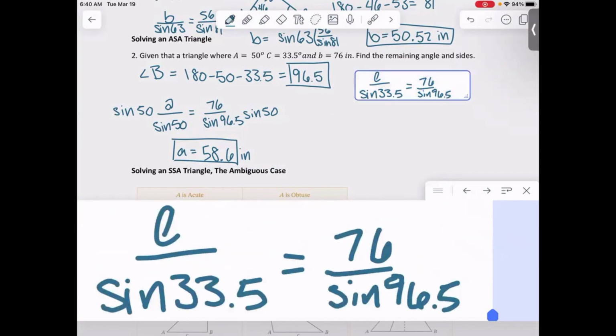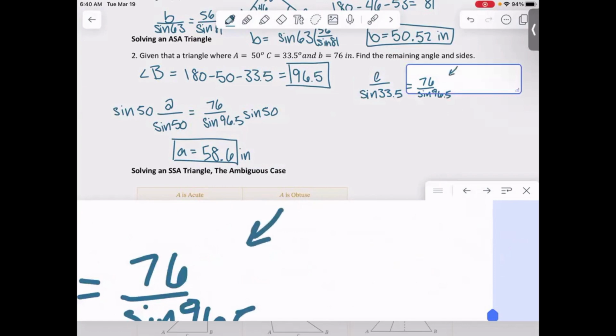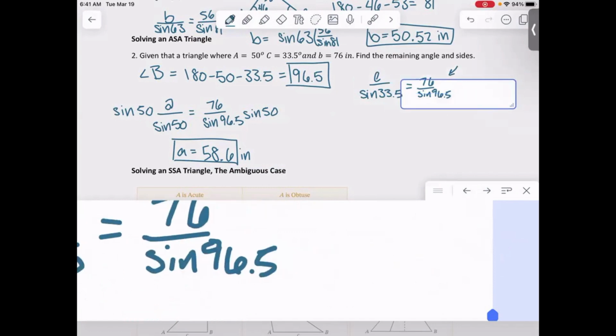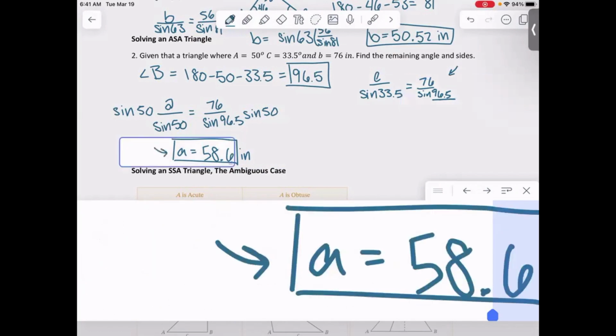So why did I choose to use my B's in this case and not my A's? The only reason is that angle B has no error, because I solved it. I didn't have to plug something in to solve it. My angle A, I rounded to 58.6.